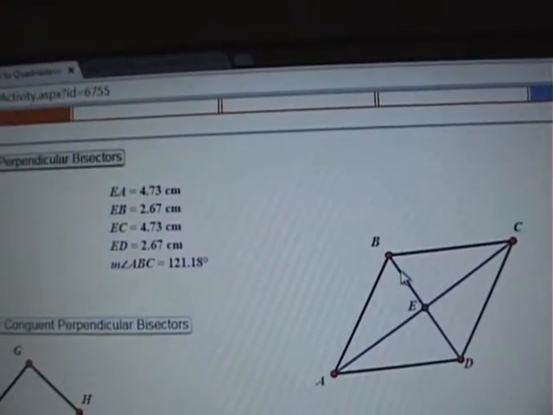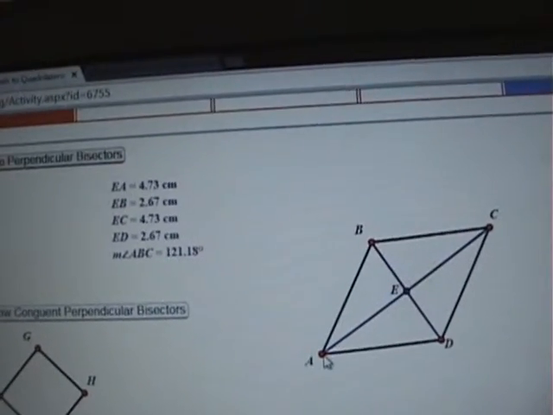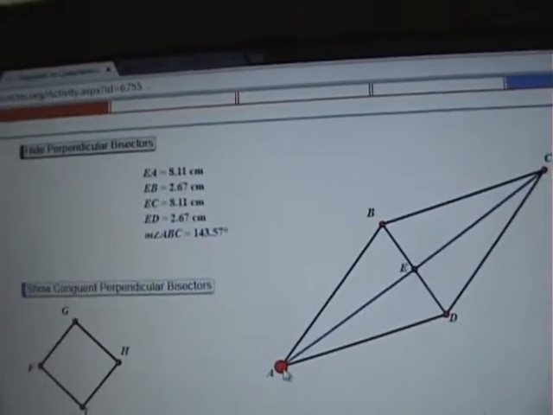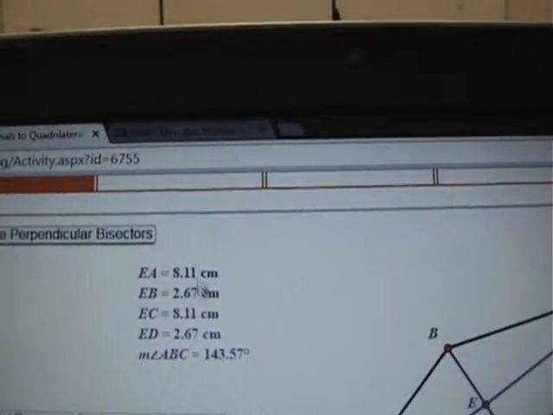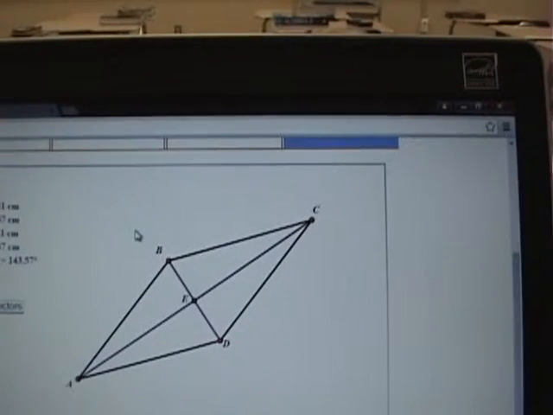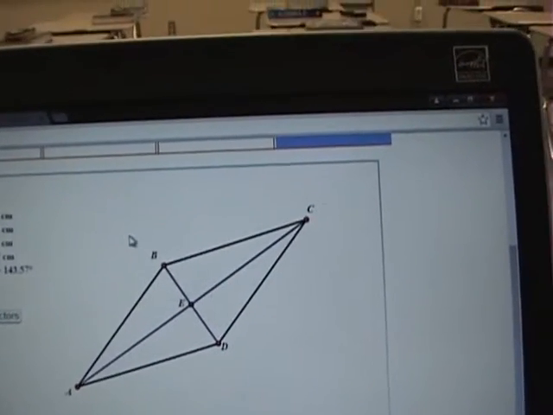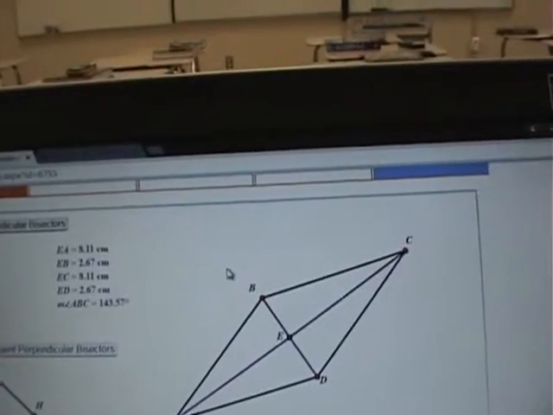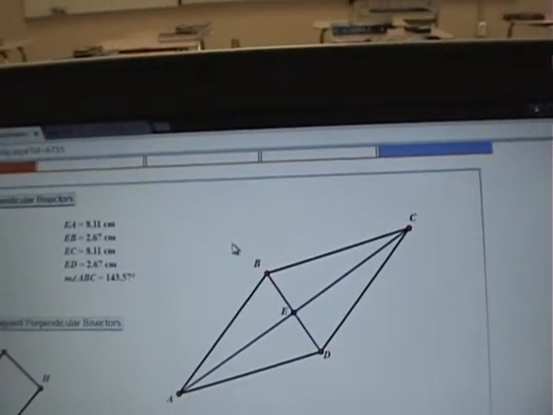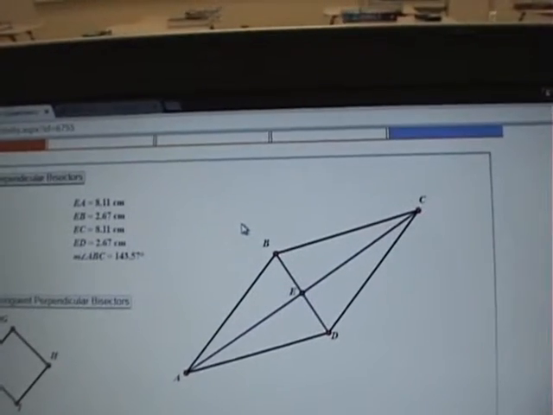Okay, because the distance I have here from E to B is going to be much different than the distance from, let's say, E to A, because I could take E to A and stretch it out and get quite a bit of disparity between the two bisectors, okay, or between the two diagonals. But the sections themselves do bisect each other, and they bisect each other at a 90-degree angle. Okay, so E to B is going to be the same as E to D, so it is bisected and everything.